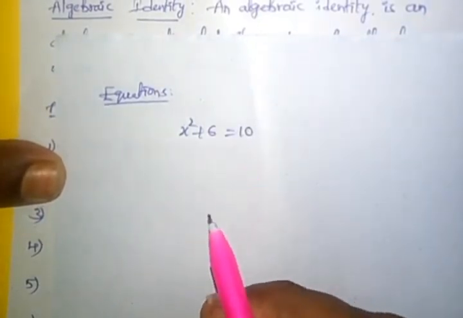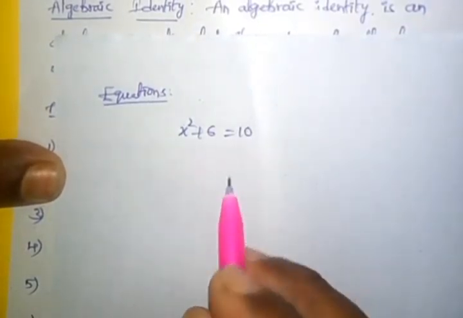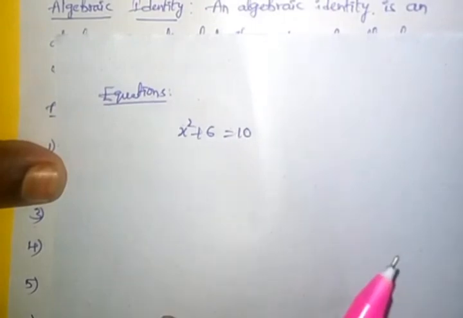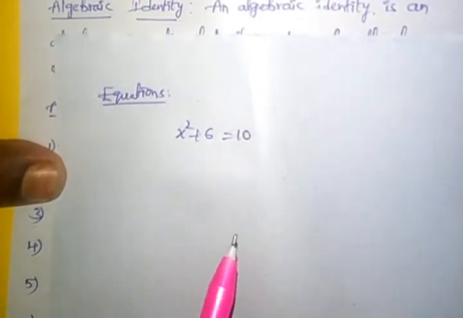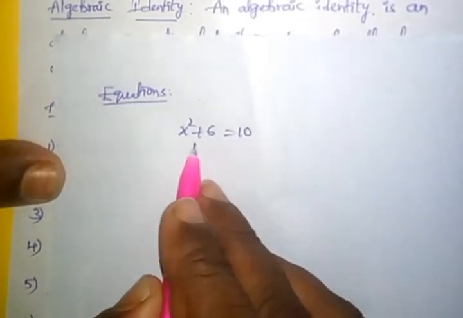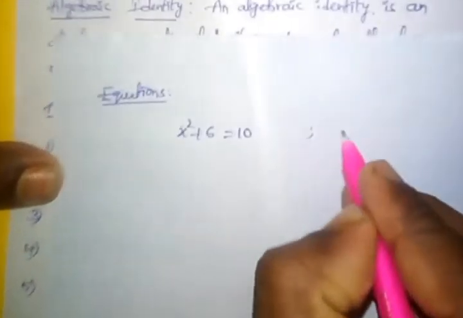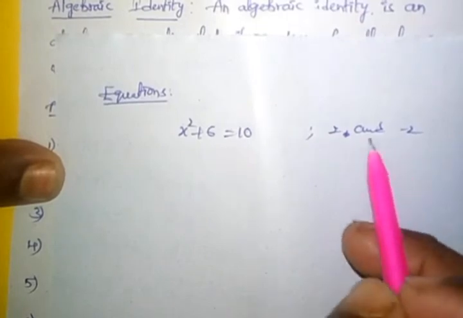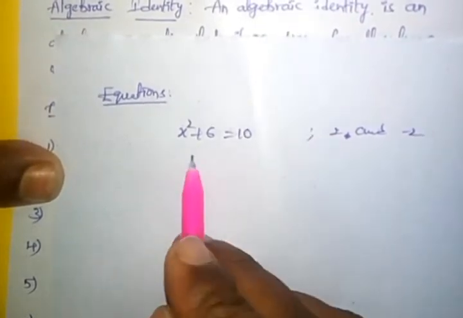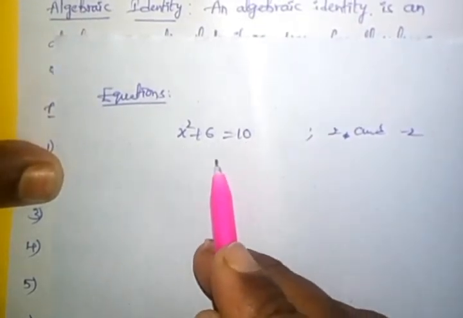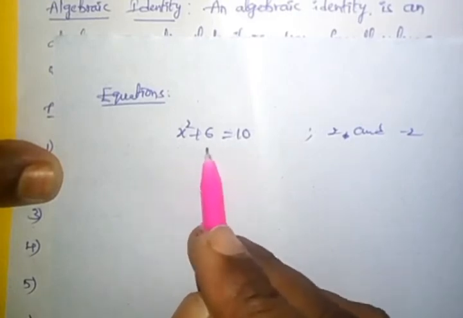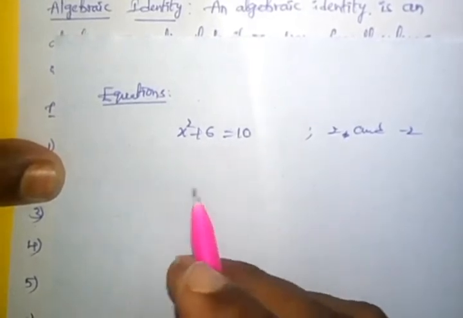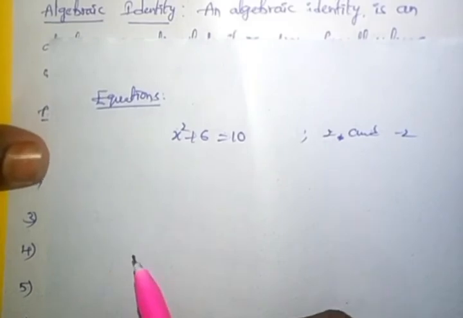This is not an identity, because this equation is true for only some values, not all the values. Yes, this is only true for 2 and minus 2. If you take 2 and minus 2, then only LHS equals RHS, otherwise it is not true for the remaining values.